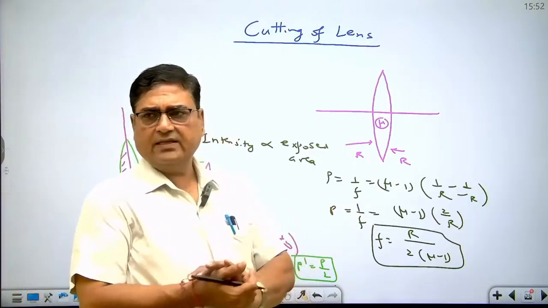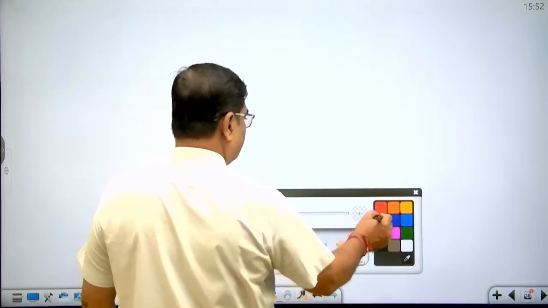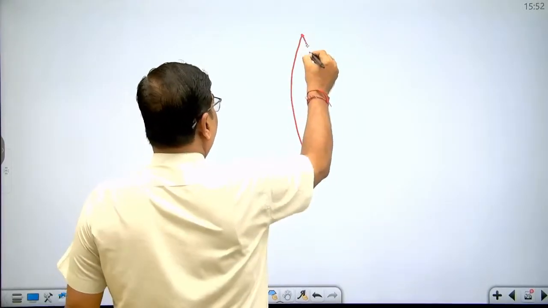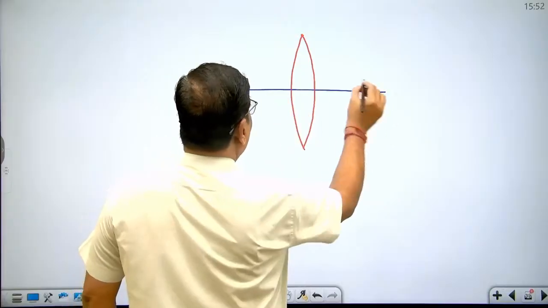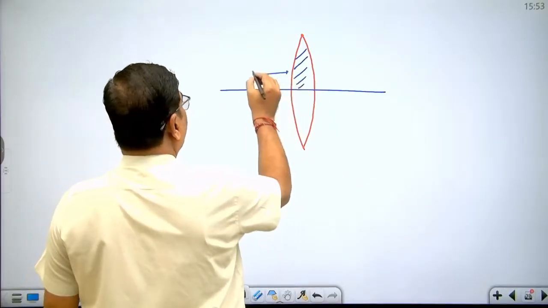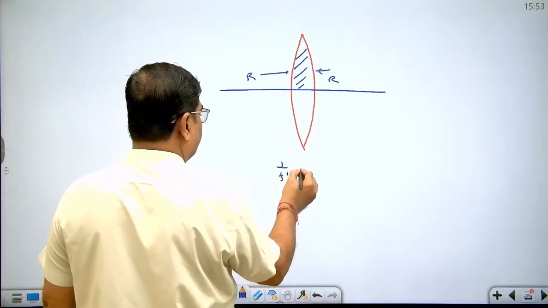Now let's see another case also. What happens if the lens is cut like this along the principal axis? So dear student, now neither R1 nor R2 changes, so focal length will not change.